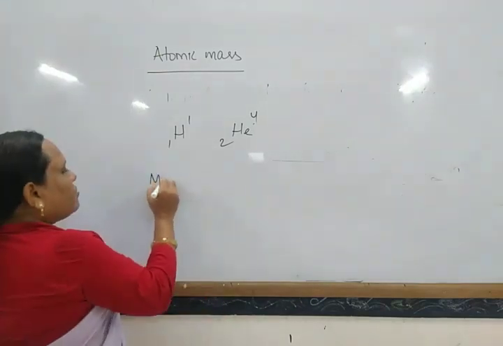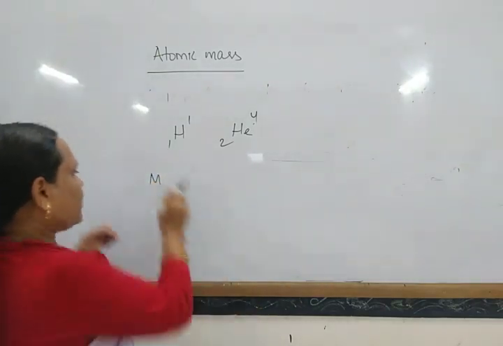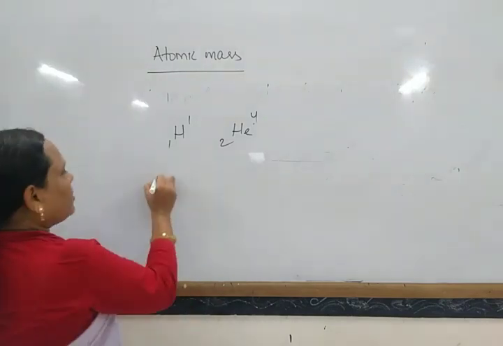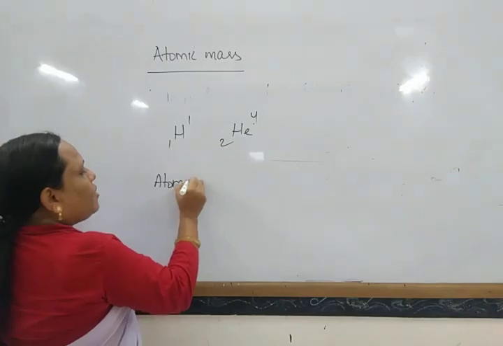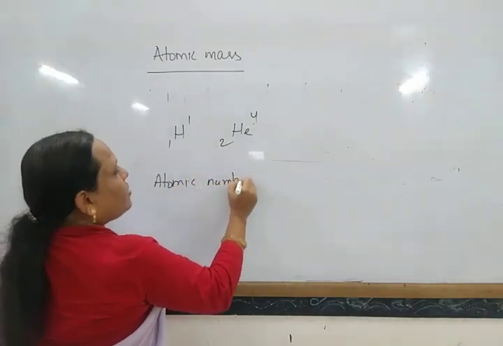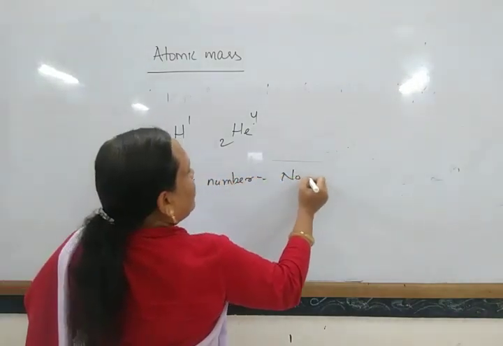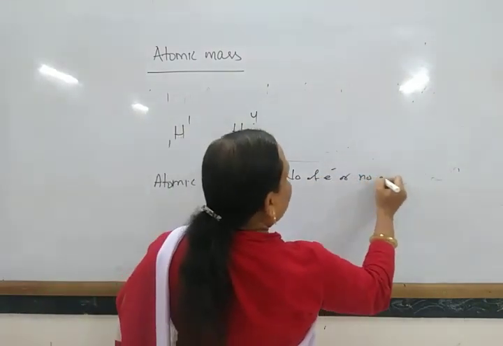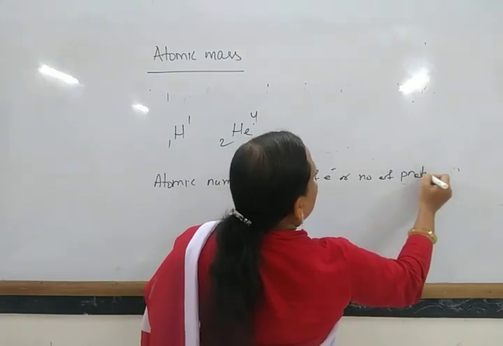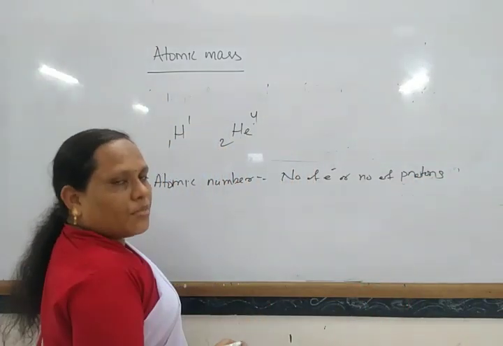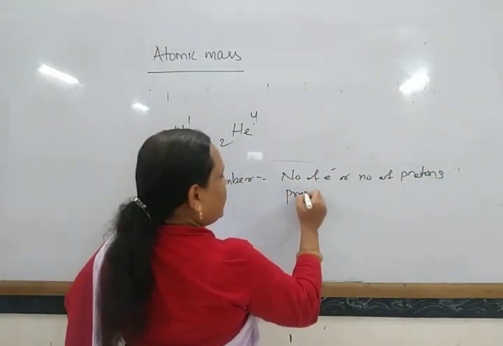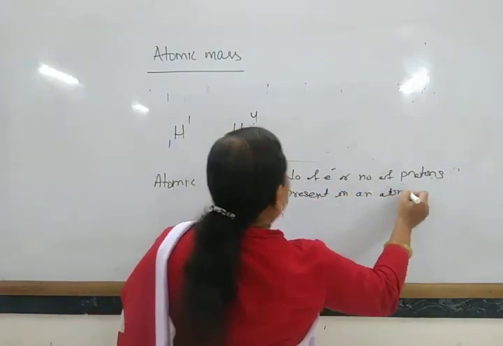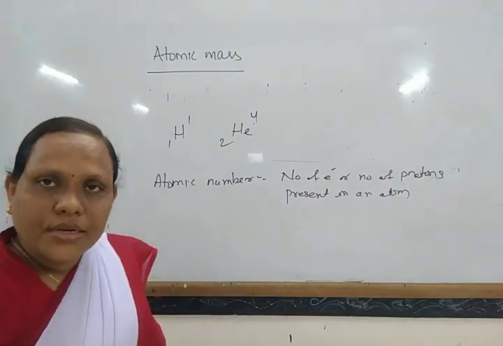So don't confuse atomic number and atomic mass number. Atomic number means the number of electrons or number of protons present in an atom. That is known as its atomic number.